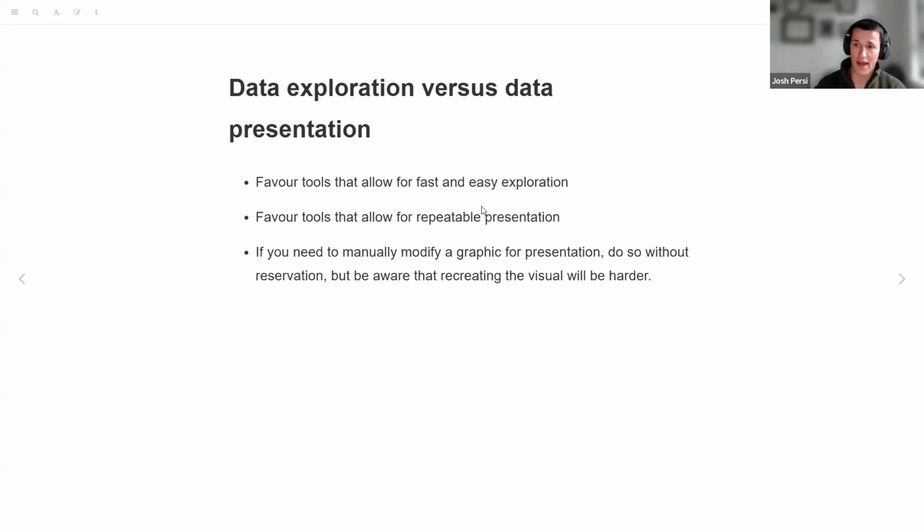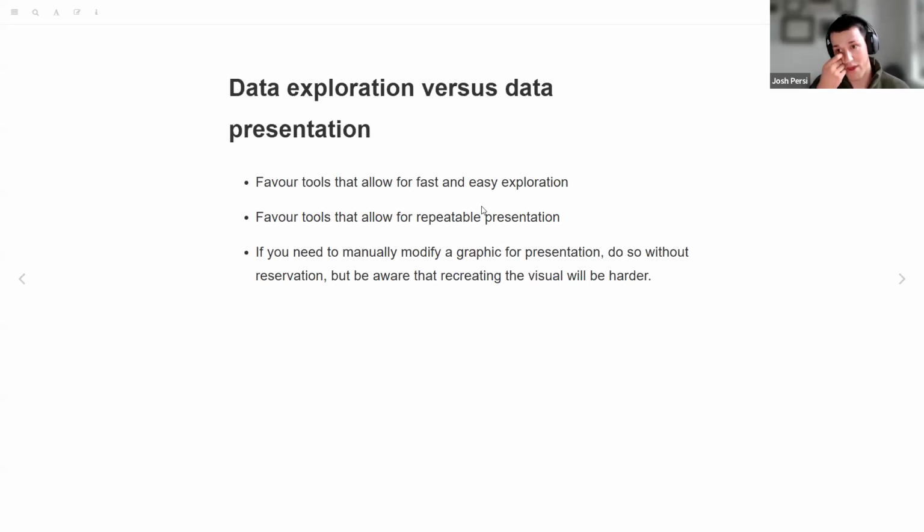He thinks you need a tool that can do both, because if you have a tool that only excels in the data presentation side of things, and you get asked a relatively trivial question like, what does this look like as a box plot? Or what if you make this other minor tweak?